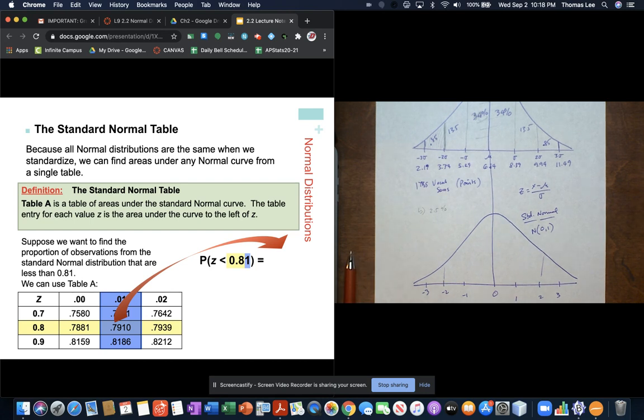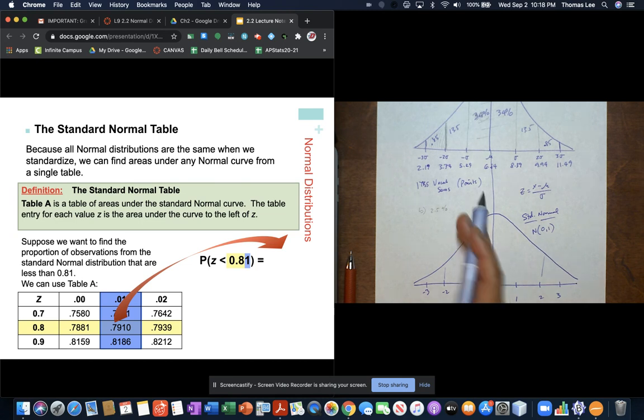Well, 0.81 is the z-score, because it's the probability that z is less than 0.81. These are all z-scores, because we've standardized all that data. It's positive 0.81, so it's on the right side of 0. We're just going to approximate, something like that.